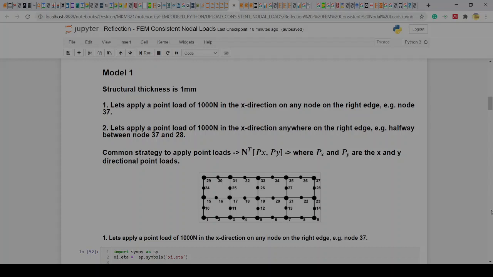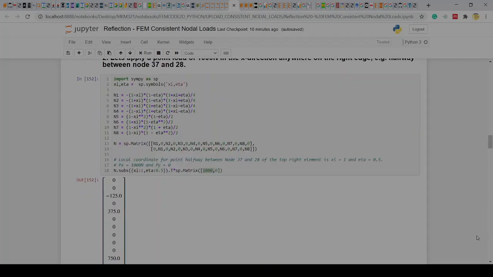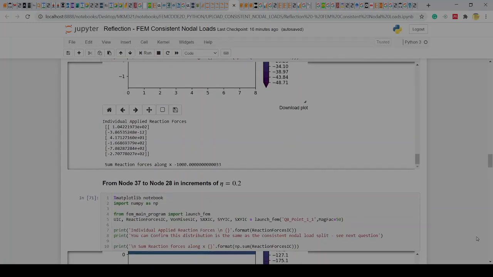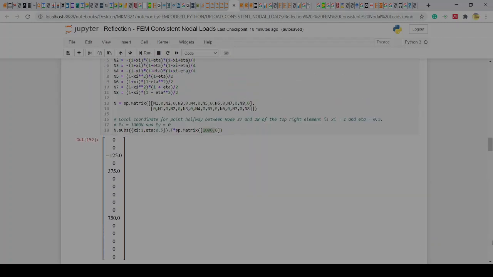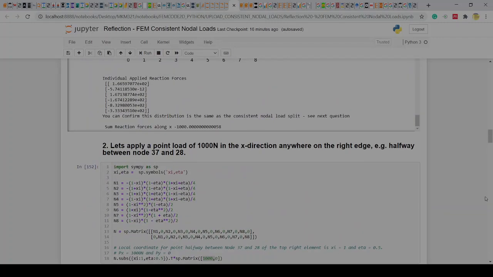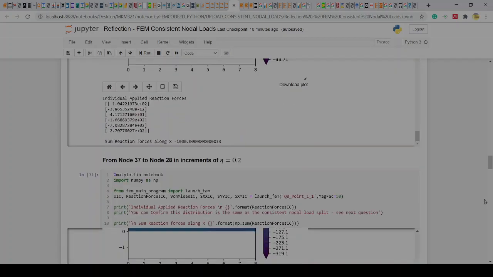The superposition of those two things should result in that reaction force. So this is just to show you how things change nicely and consistently as we progress along.